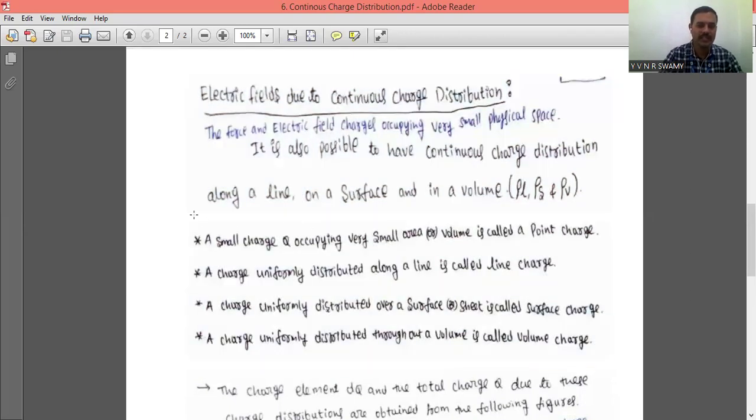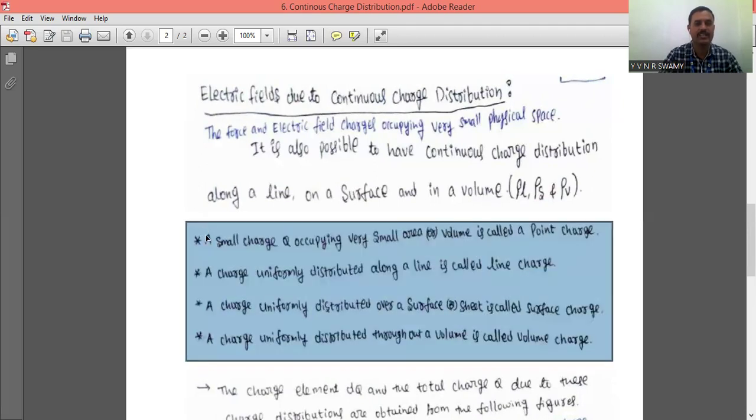First of all, a small charge Q occupying very small area or volume is called a point charge. A charge at rest produces a field. That field is called electric field or electrostatic field.